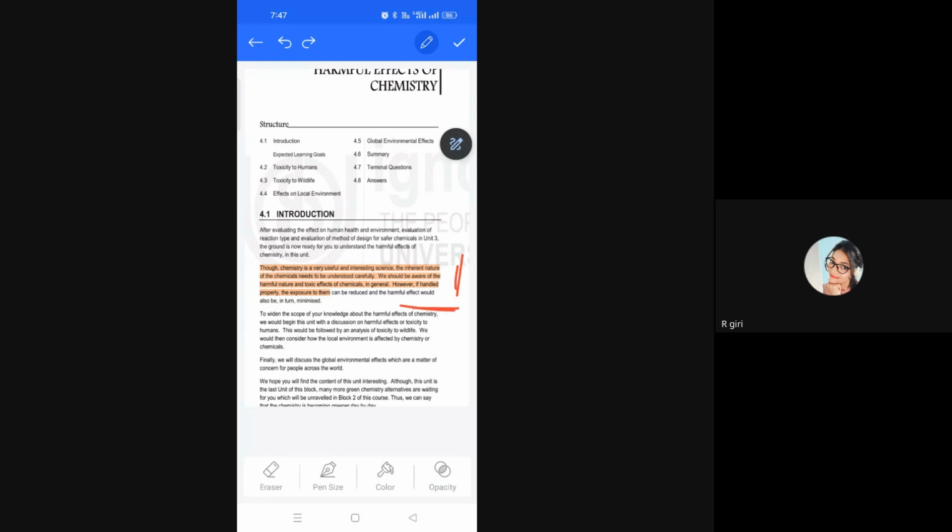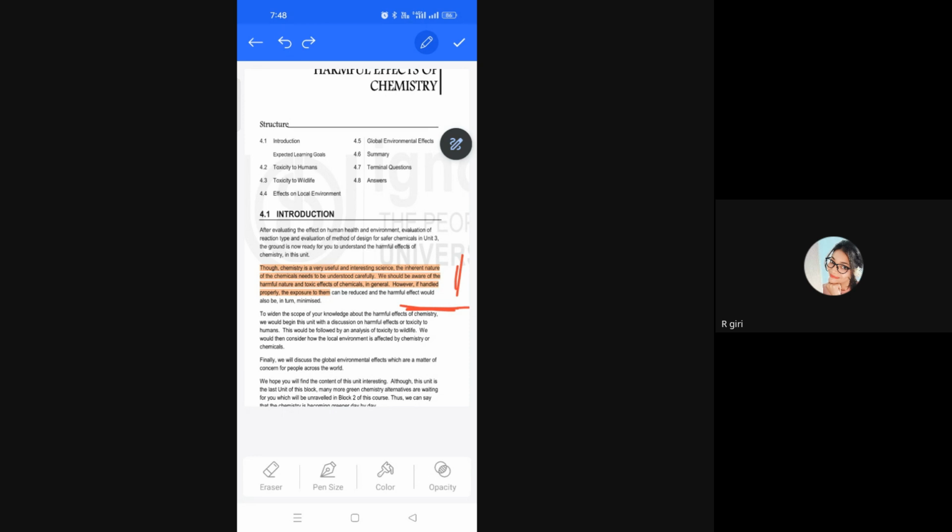Without knowing any property of a chemical, you should not touch it, you should not open the bottle, you should not use it for any purpose. You should first read what the effect is. You should know the nature and the property of that chemical, and only then use it. Otherwise, you should not touch it.